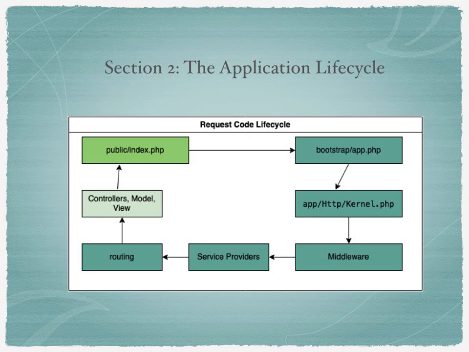Now, the route is the main point to reach the request. Whatever comes through index, app, kernel, middleware, and service provider are all background processes.